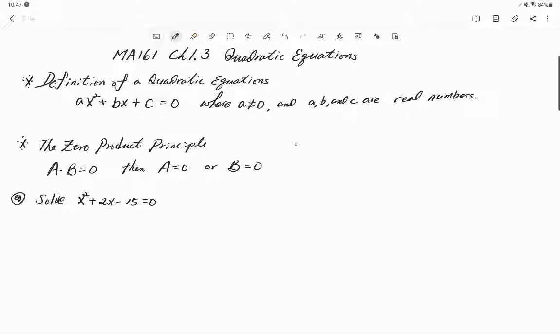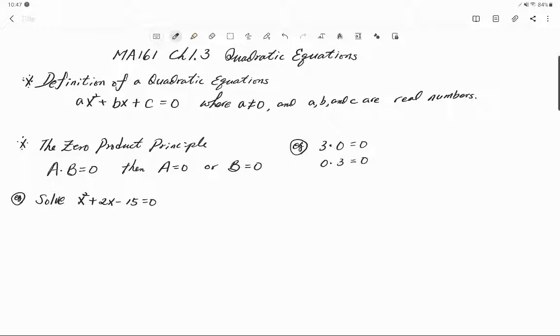Because 3 times 0 is 0, or 0 times 3 is also 0. So if any factor is 0, then the product is 0. Don't forget this. We're going to use this information to solve quadratic equations.